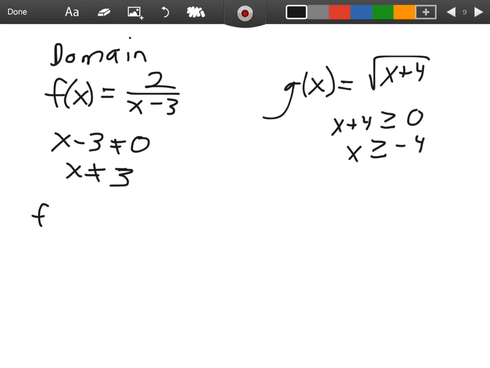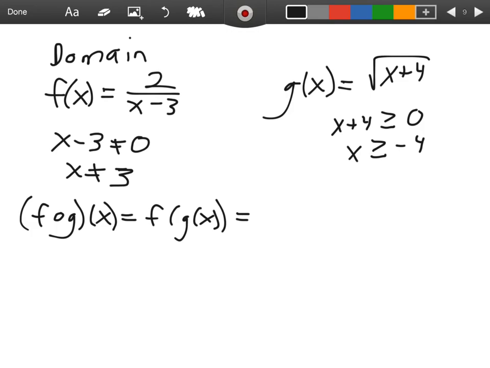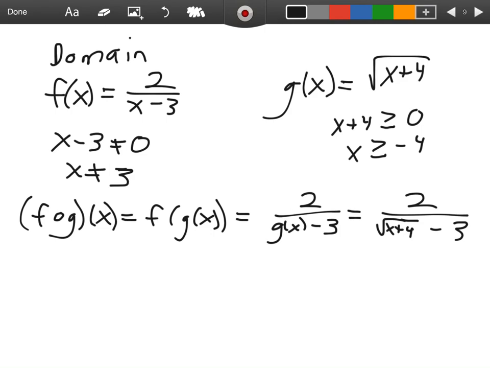Now, if I find f composed of g and I need to describe its domain, I need to consider both of those restrictions as well as whatever restrictions come along with the composition. So if I do this, I will have 2 over g of x minus 3, which is 2 over the square root of x plus 4 minus 3.